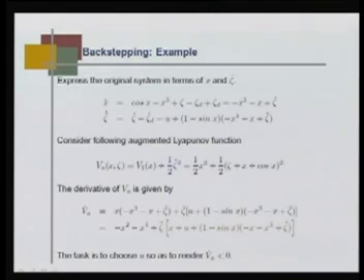I rewrite the first subsystem: x dot is cos x minus x cube plus zeta. This was my original one. I add zeta d and subtract zeta d. We have already found zeta d is minus x minus cos x.